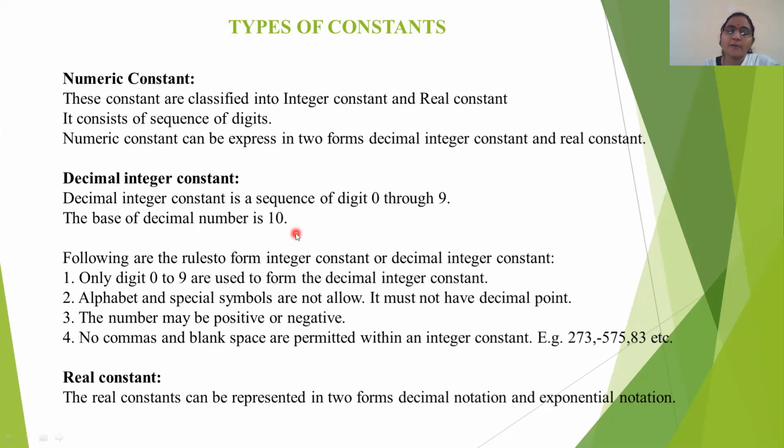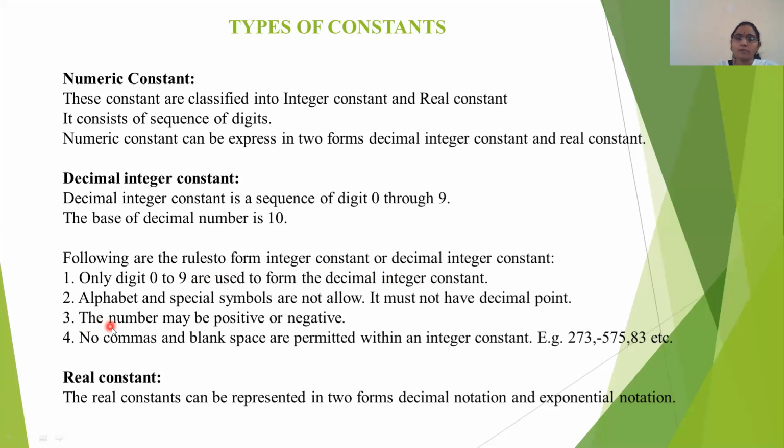That's why the name is given as decimal. Decimal means 10. The decimal integers consist of the combination of digits 0 through 9, and if you count 0 through 9, these are 10 digits, and that's why the base of decimal number is 10.